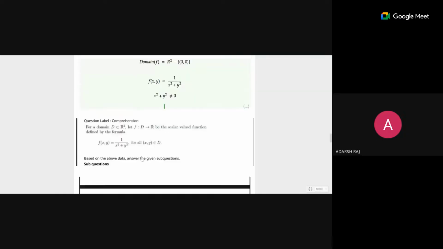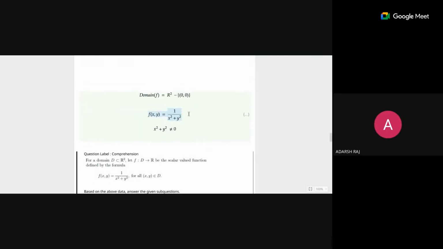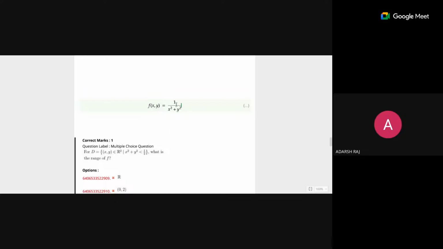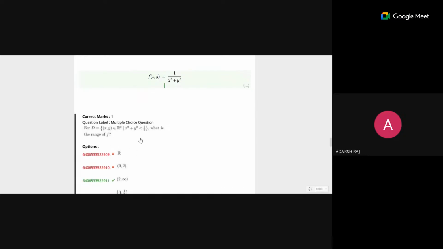So this is our function, and the domain of this function is defined like this. The question is asking for the range of this function. What is the minimum value of this function?